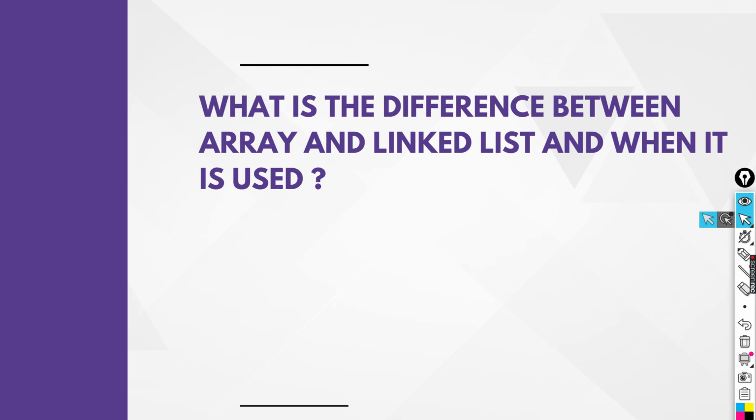Access time for the array is fast because we are accessing via index. For the linked list, access time is slow, because we are traversing without an index. For memory usage, the array has less overhead, only elements stored.